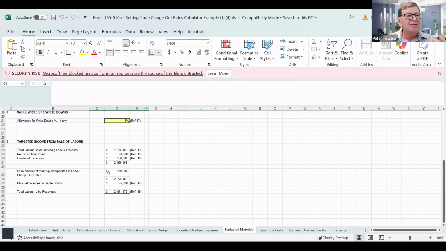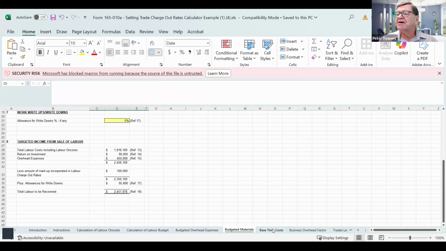We've got a $100,000 subsidy coming from the product markups, so it's brought it back to $2.3 million. But we've got an allowance for write-downs, and we are trying to achieve the overall targeted profit of $90,000. So the labour amount to be recovered from the charge out of time is $2.451 million.